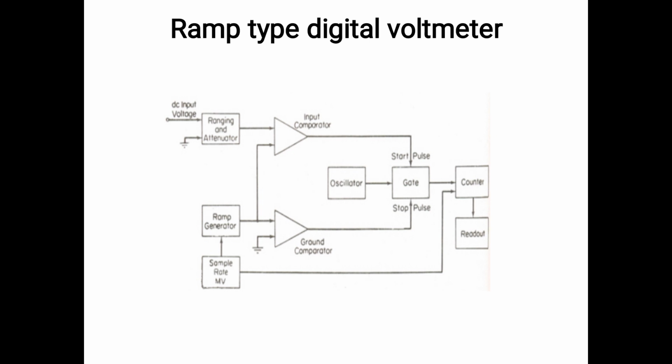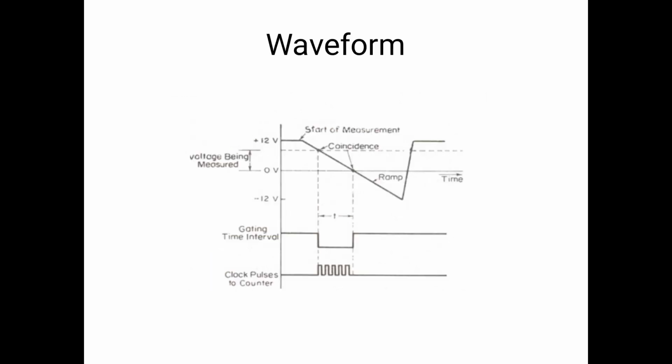Now we can see it through a waveform. This is the waveform, as we have already seen in the block diagram. Here the range is the voltage that has been measured.